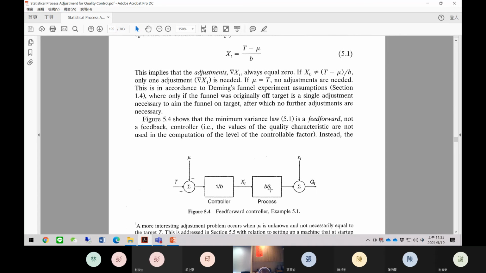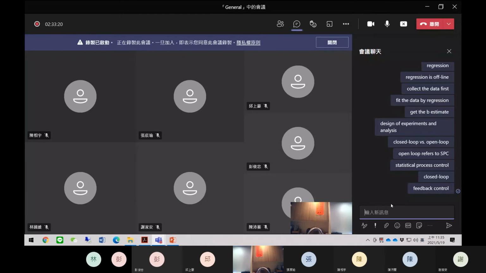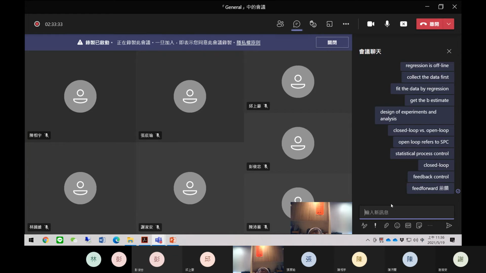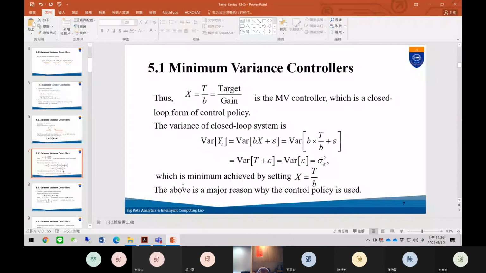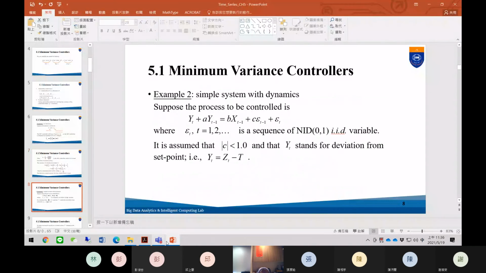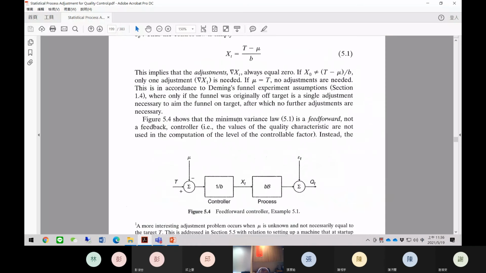Feedback means we're going backward, feed forward means we're going forward. Then we'd like to see the textbook. Figure 5.4: a feed forward, not feedback controller.